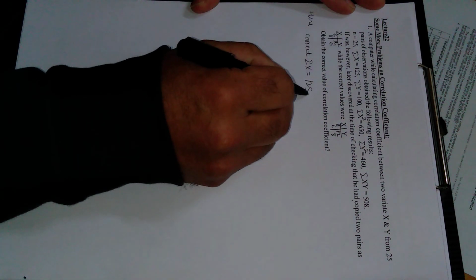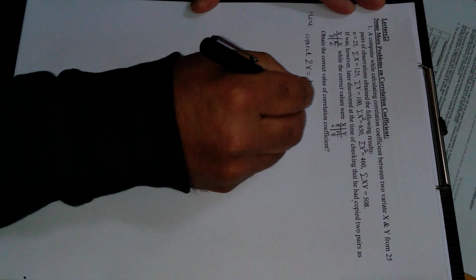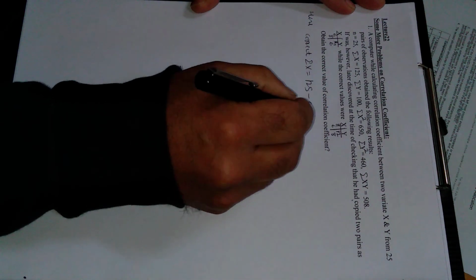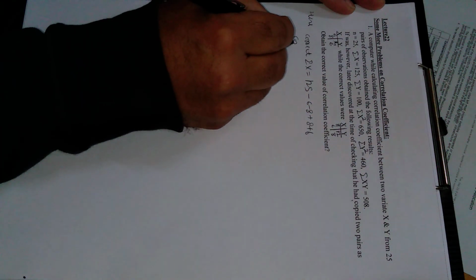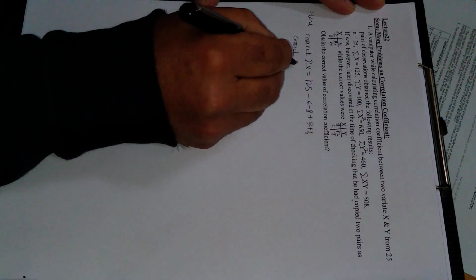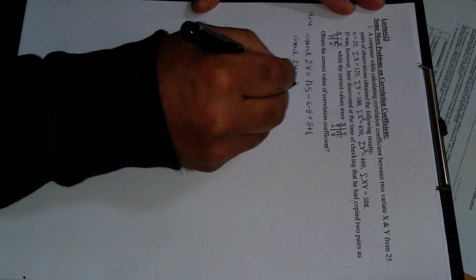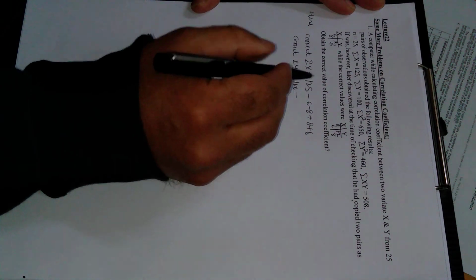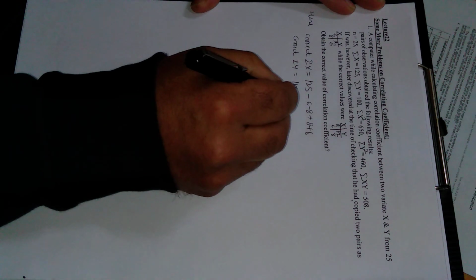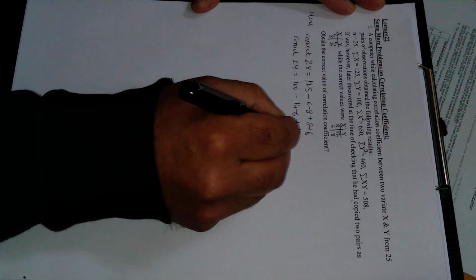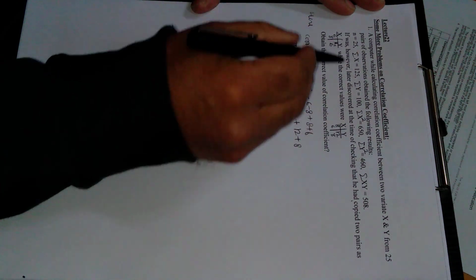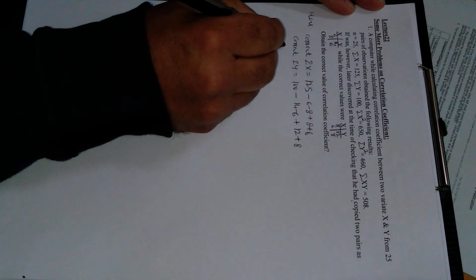From here we have to subtract these values 6 and 8, and these are the correct values, so we have to add 8 and 6. Similarly, correct summation y. Summation y is given to be 100. From here we have to subtract these incorrect values 14 and 6, and these are the correct values 12 and 8. These we have to add.